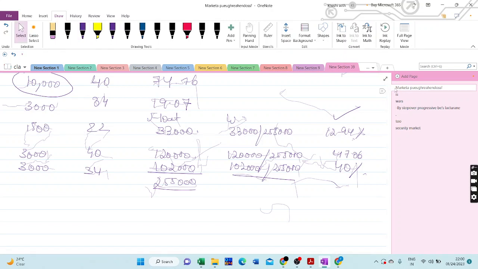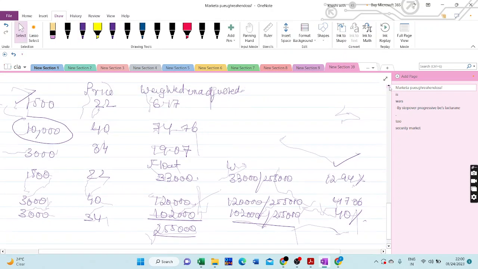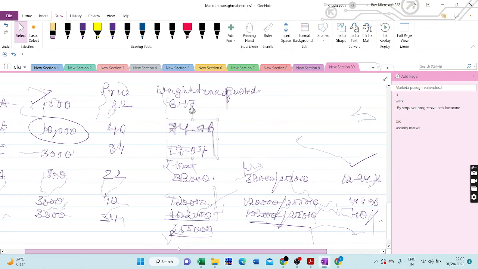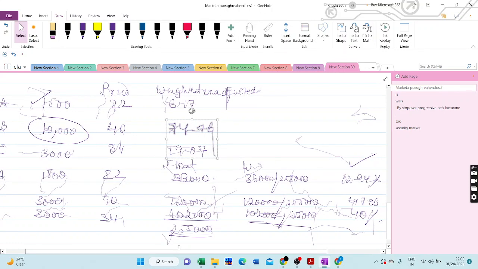what was the weight of stock B in the unadjusted market cap index? 74.76. Weight of stock B was 74.76 in your normal or unadjusted market capitalization index.